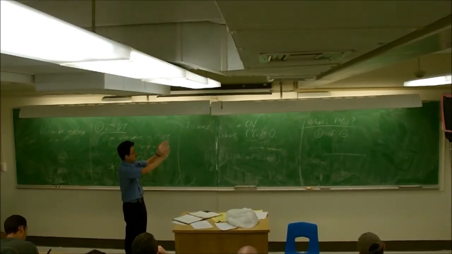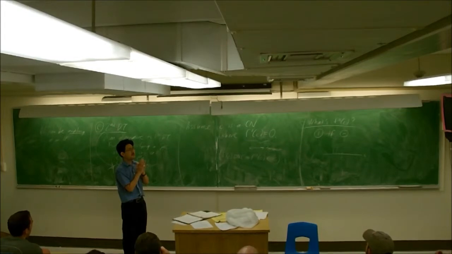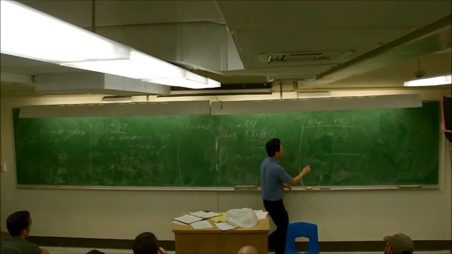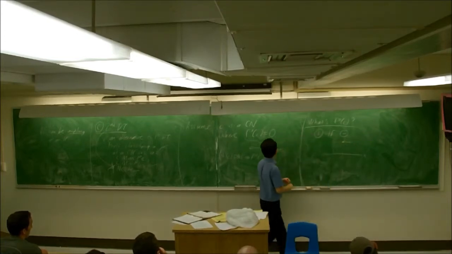Let's not worry about that. If the second derivative is negative, let's think about this. That means the graph of f is concave down. And remember, the first derivative is 0, so we have a horizontal tangent line.